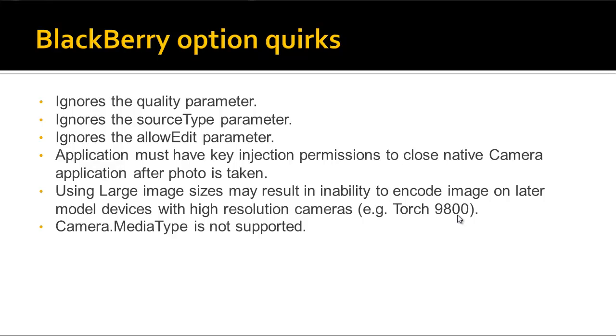That's definitely not what we want, and the way you get around that is very simple. You just use the file URI instead, and I'd rather use the file URI personally because it's quicker, and it's actually easier in my opinion. So I'd rather do it like that. Now, the camera media type is obviously not supported because my source type parameter is not supported.